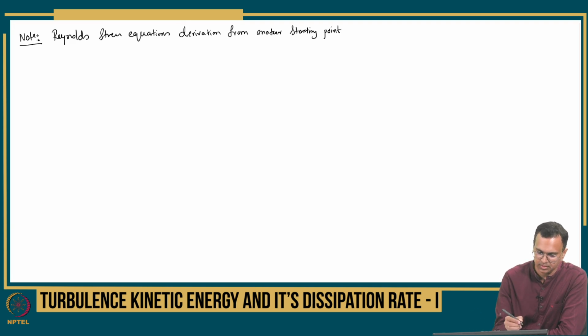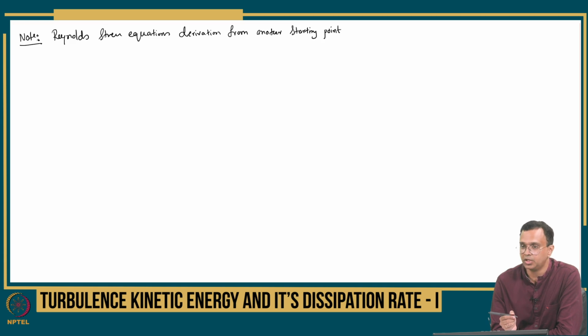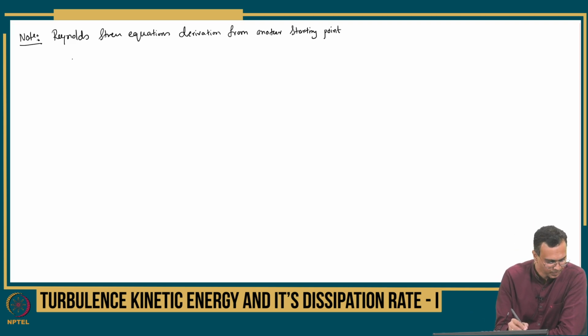So what is that? We take the fluctuating momentum equation, right? We started with an equation for fluctuating velocity, we multiplied it with another fluctuating velocity, and then we averaged it to get a Reynolds stress equation, correct? So we start with that one. Only thing is, here we write it differently.